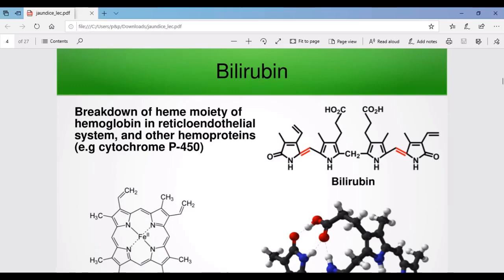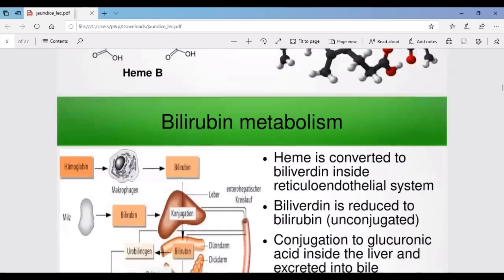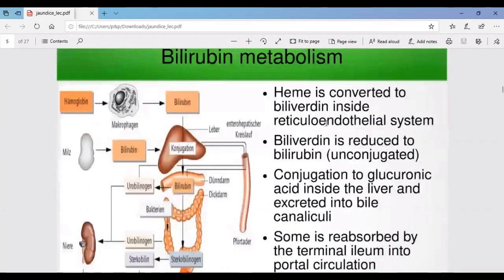When the heme enters the reticuloendothelial system, the broken heme, the old RBCs, the old hemoglobin, it gets converted to biliverdin first. And after being converted to biliverdin, it will be reduced to bilirubin, which we call unconjugated bilirubin. This type of bilirubin is not water soluble.